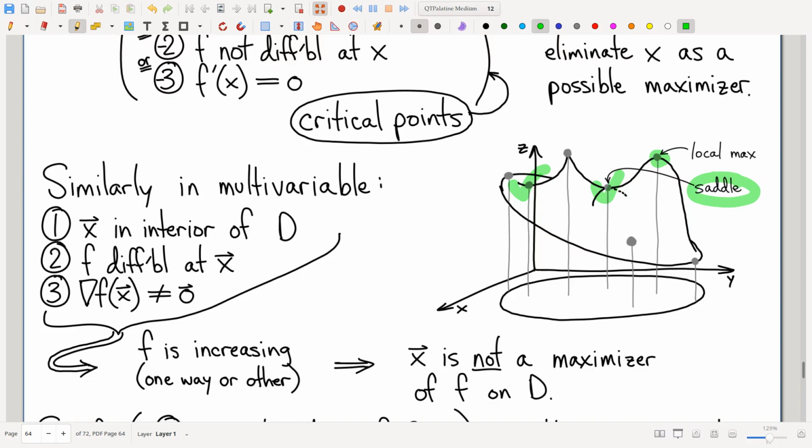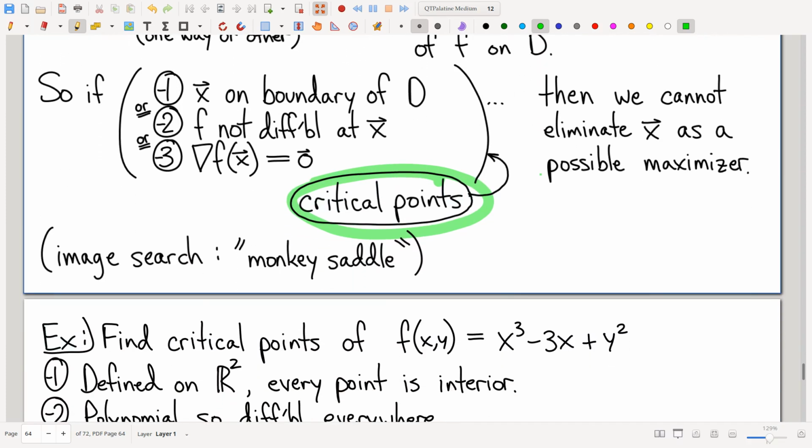This is a new problem we've never faced before. There are these things called saddle points. And by the way, saddles are sort of the tip of the iceberg. I encourage you to do an image search for something called a monkey saddle.